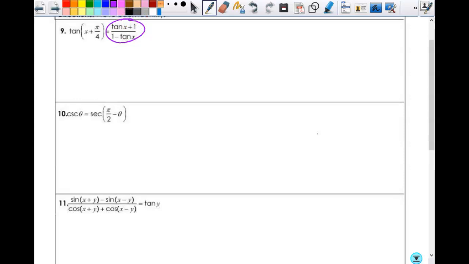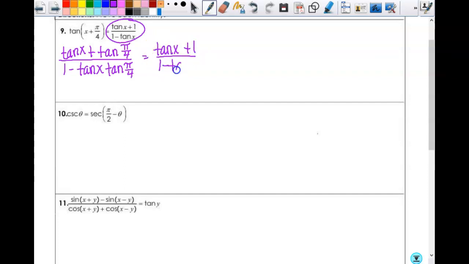All right, so the tangent of a plus b is going to be equal to the tangent of x plus the tangent of pi fourths over 1 minus the tangent of x times the tangent of pi fourths. Then that has to equal this right-hand side, tangent of x plus 1 over 1 minus tangent of x. Okay, so then look at this over here.